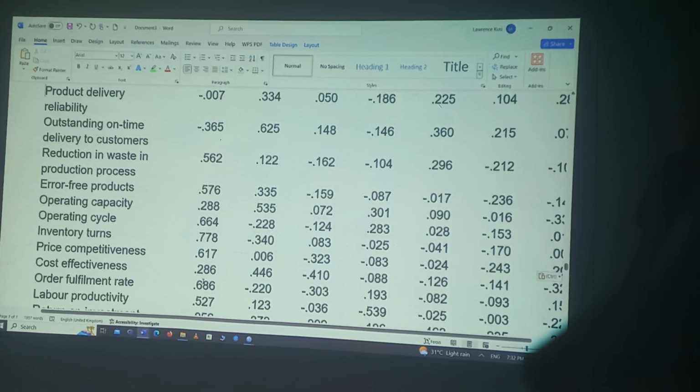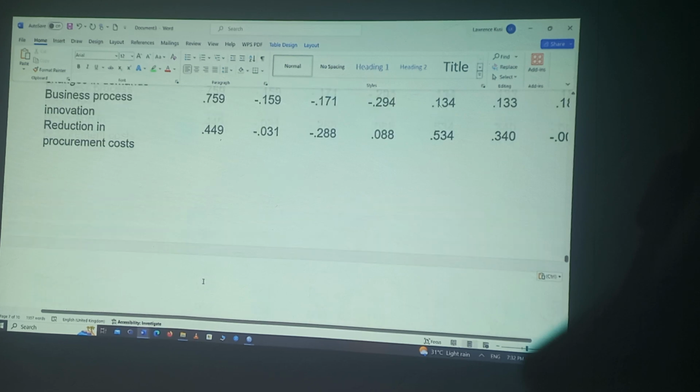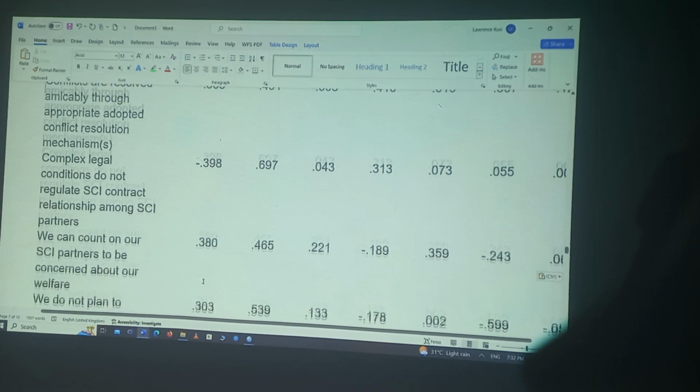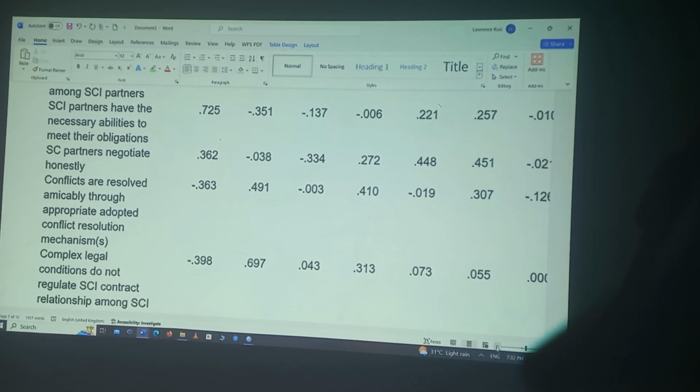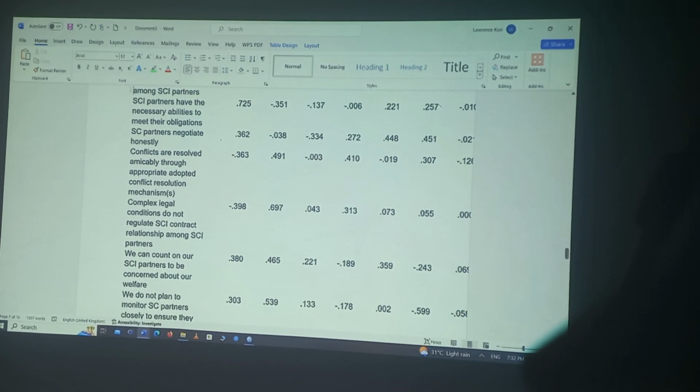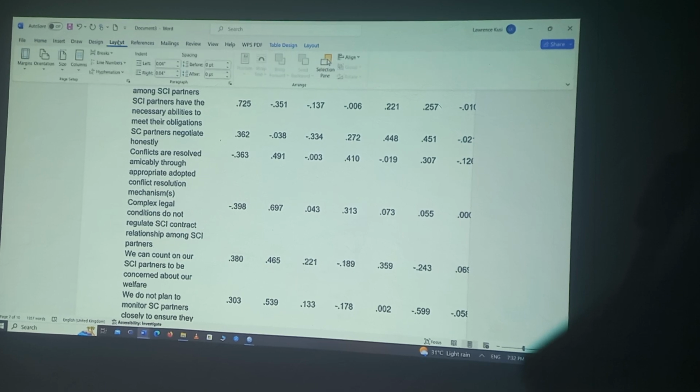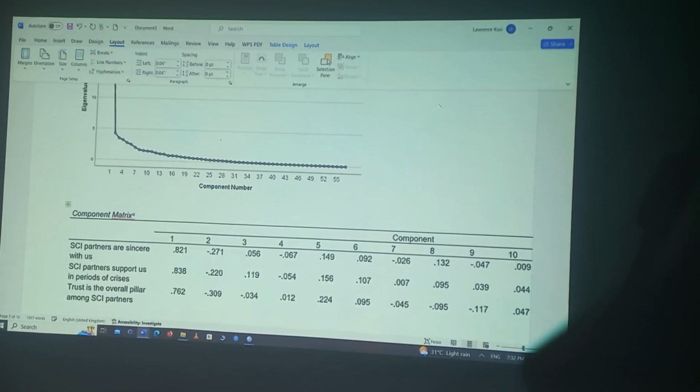So, observing the first one, this one will give us trouble. We have to go and change the layout. Landscape.